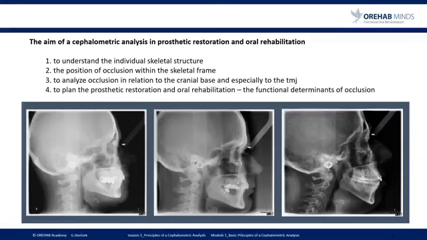We want to plan the prosthetic restoration and the oral rehabilitation. We want to measure or calculate the functional determinants of occlusion. These three examples of a ceph here should give you already the imagination how different the skeletal situation might be in our patients.